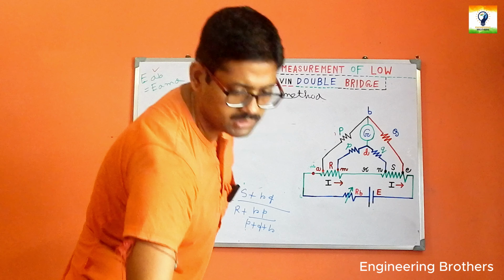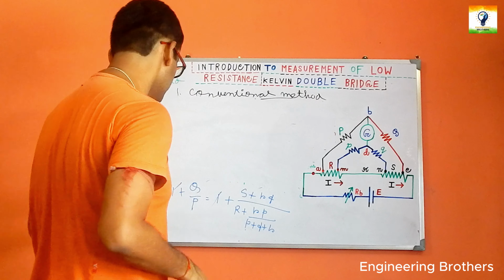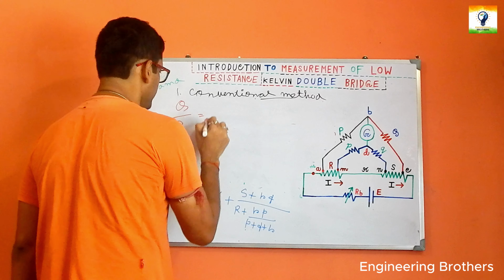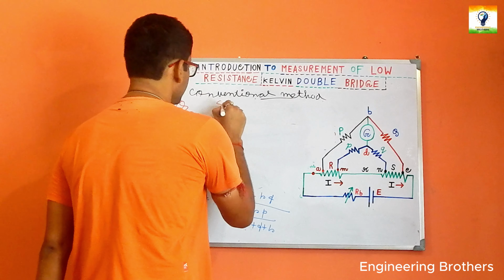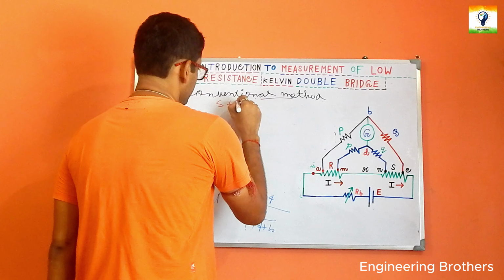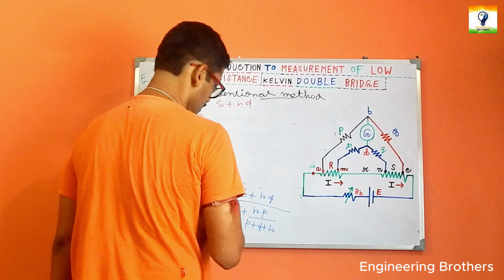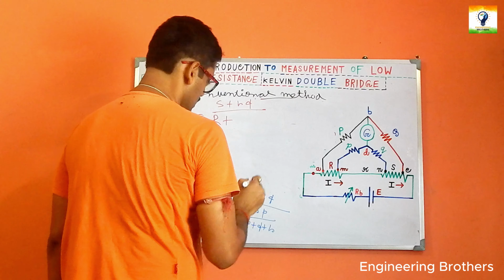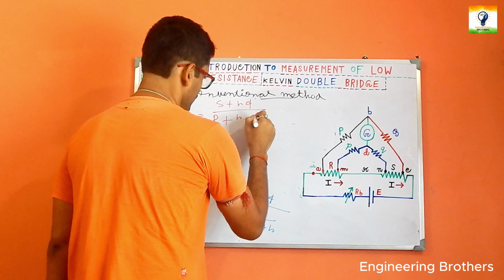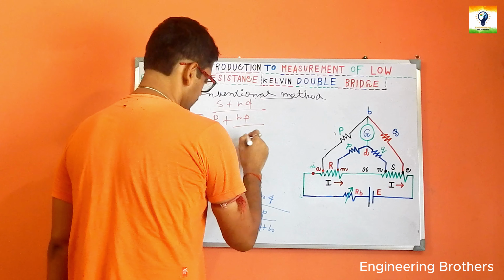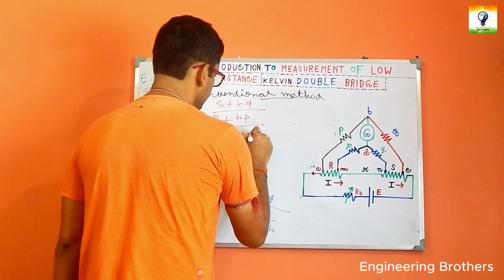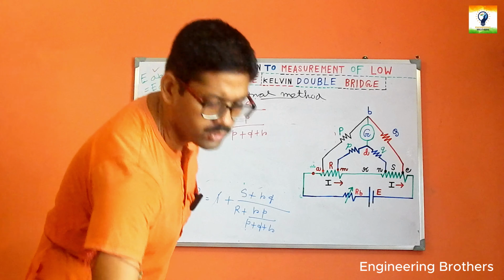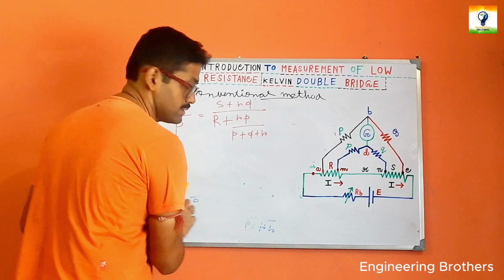If you consider that, finally we have q by p, which is equal to s plus small r q divided by r plus small r p divided by p plus q plus r. Now we should cross multiply the expressions.